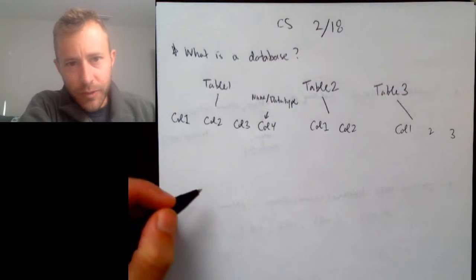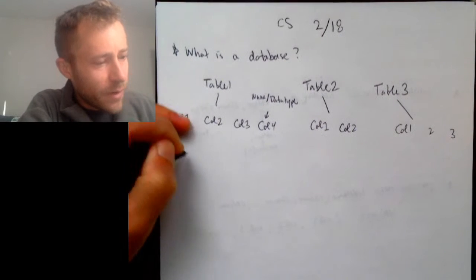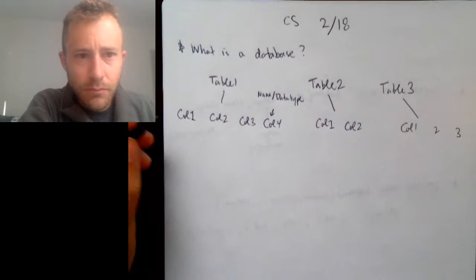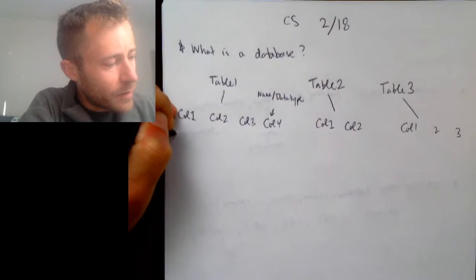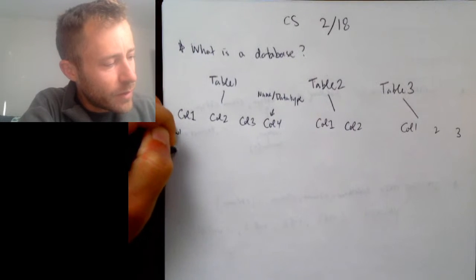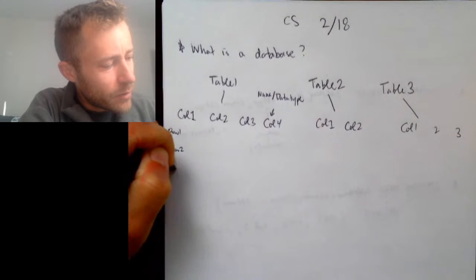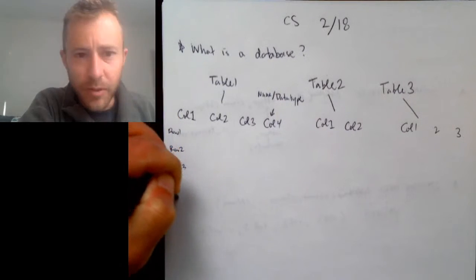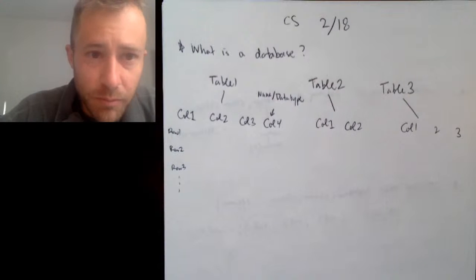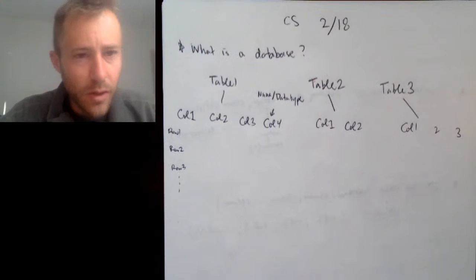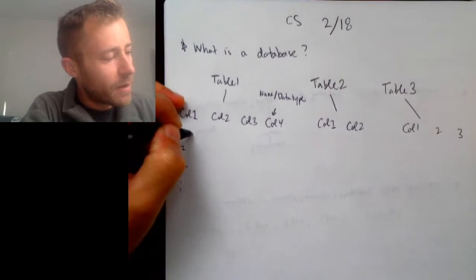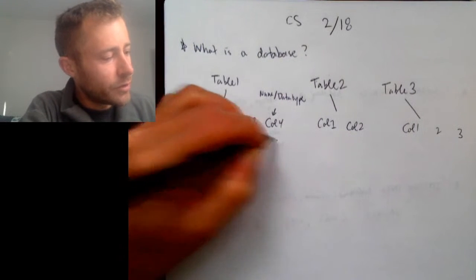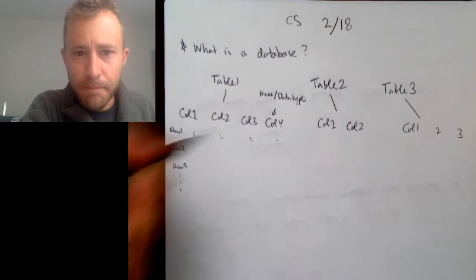And then each of these tables is going to have rows. All right. So you could have row 1, row 2, row 3. Could be thousands and thousands, even millions of rows, where each of these rows has a value for each of the columns. Okay?